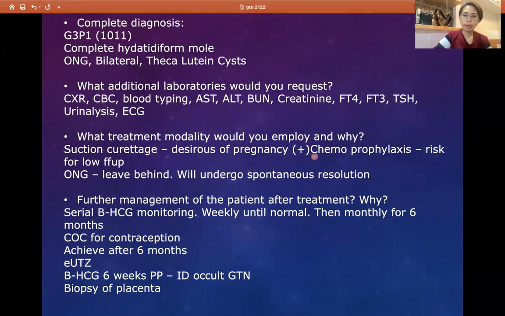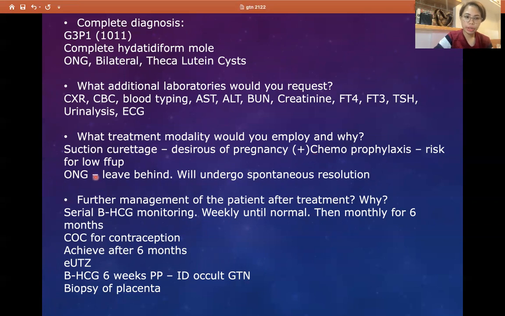Also, there is a risk for low follow-up because she is from the far side of Cebu province, and we look at the levels of the beta HCG, which is more than 100,000. There are bilateral thecal lutein cysts more than 6 cms, and so it is advised to add chemoprophylaxis.